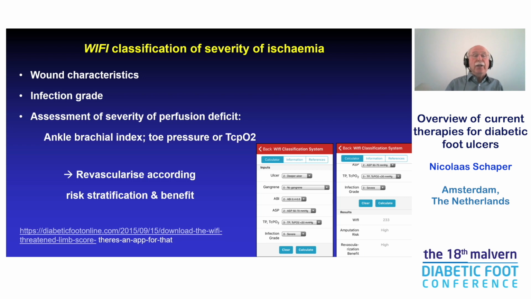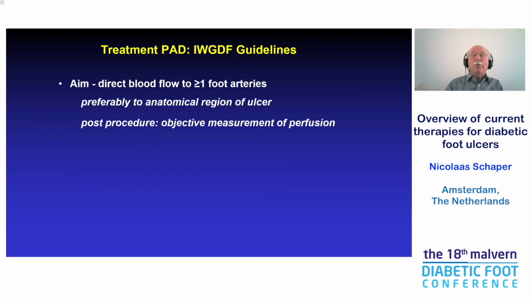And at least in my center, many vascular surgeons use this system. And the nice thing is that it combines different aspects, and it uses, for instance, the International Working Group infection classification system in order to assess risk of amputation.